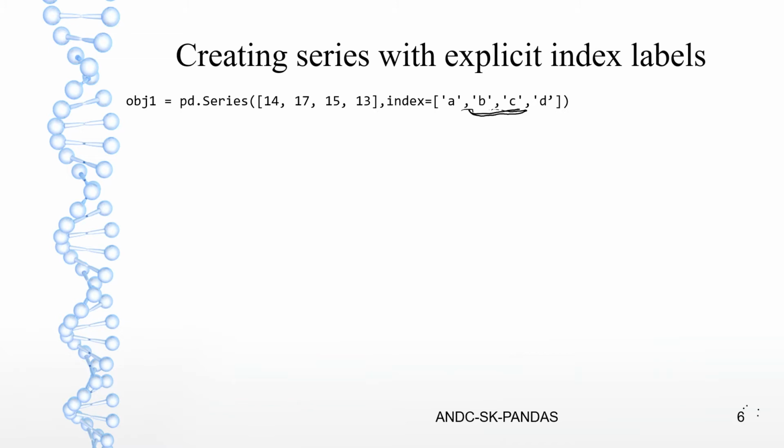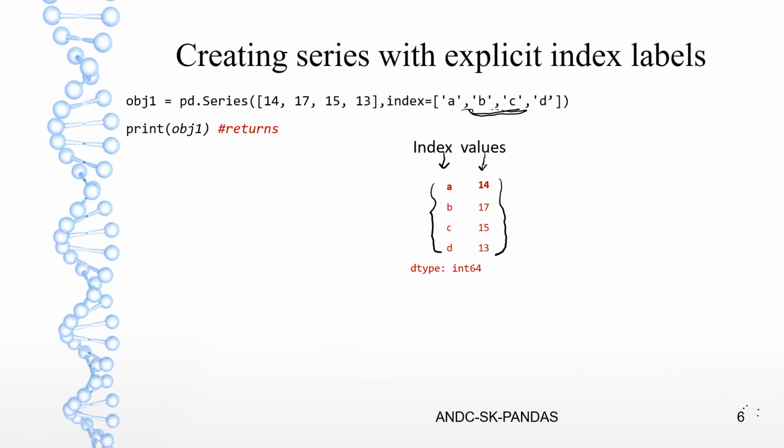This indicates that the indexes of this series object obj1 will be a, b, c, d. So if I try to print the value of obj1, it will give me a series having elements 14, 17, 15, 13, but with user specified labels a, b, c, d. So now we have replaced the default indices by the user specified indices.